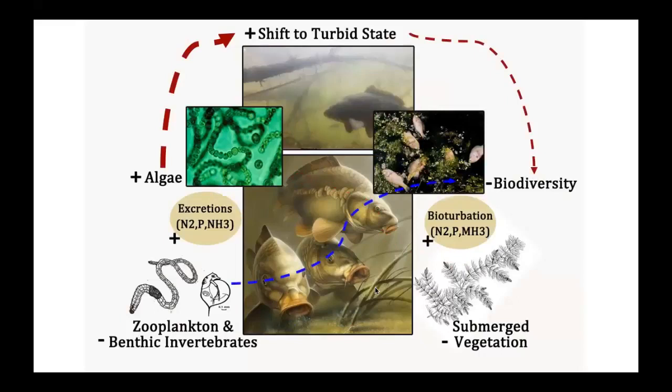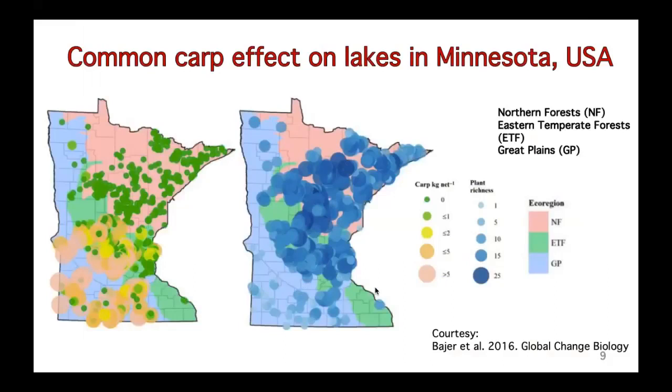If you add that to their direct competition effects, it's a really bad feedback loop for native species, where their prey items are being taken away, their habitats are being taken away, and the water quality is bad. Again, this isn't so bad for carp because they can handle worse water quality, and they continue to increase even though native species are struggling.